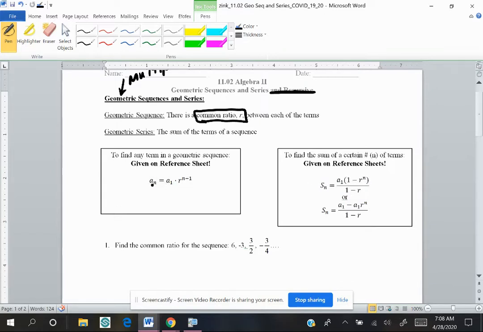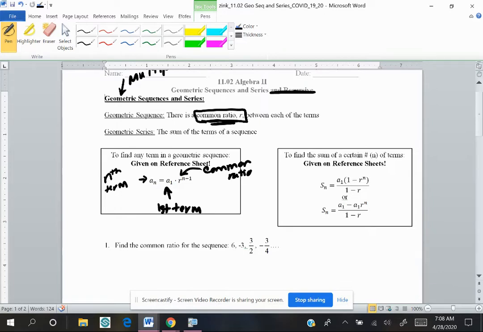For the single term, a sub n, that's like your nth term. So if you're looking for the fifth term, it would be a sub 5. A sub 1 represents your first term. R is your common ratio, which we just talked about up here, which is what you're multiplying by to get to the next term.